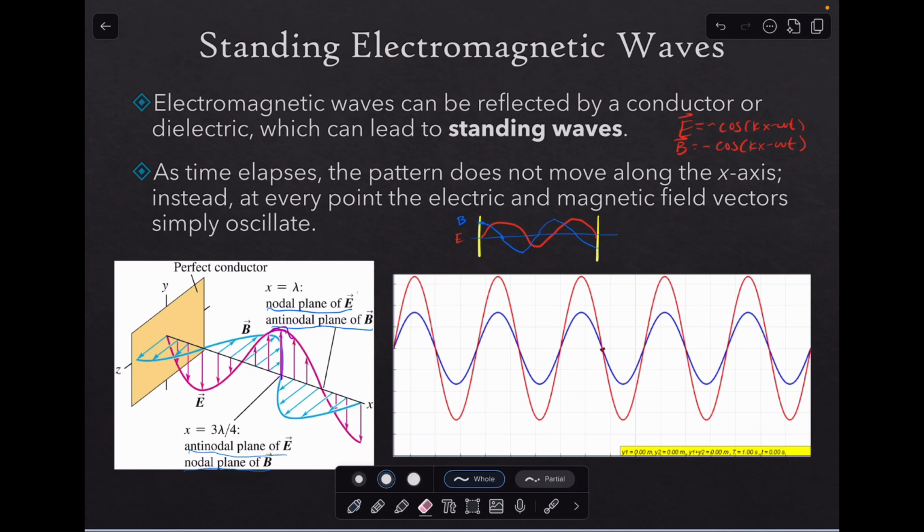So when E equals 0, that's a node. When B equals 0, that's a B node, but the other wave has its max at a B node, and vice versa. And the B field has a max at an E node.